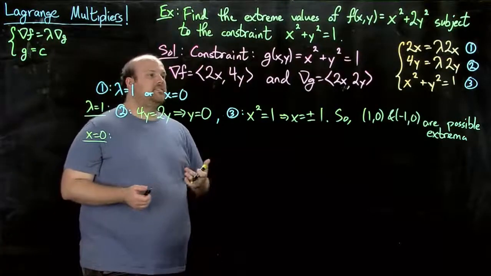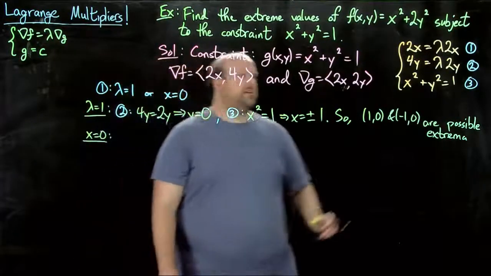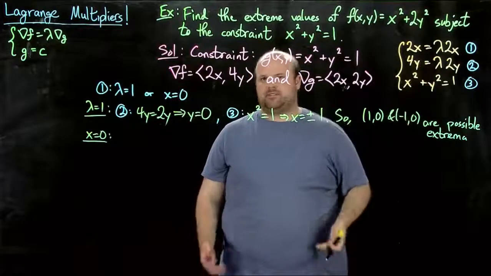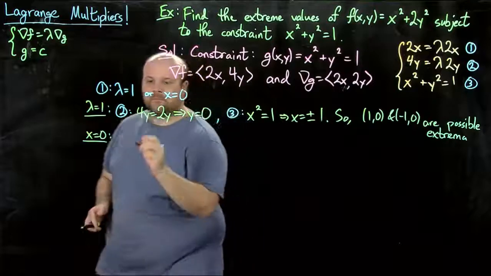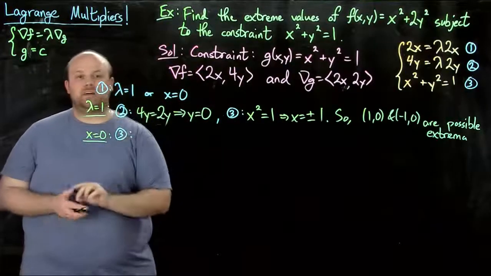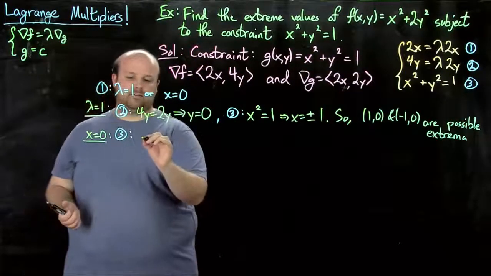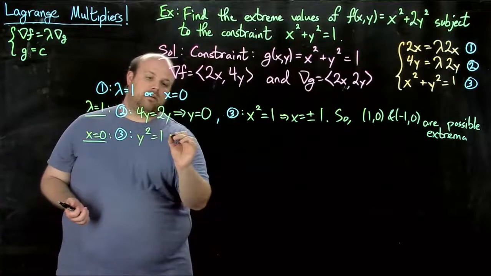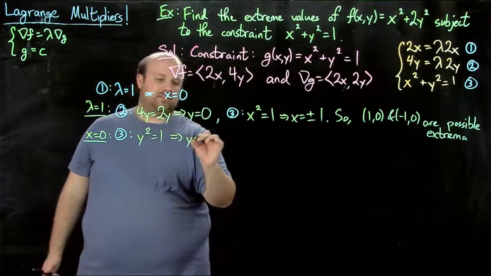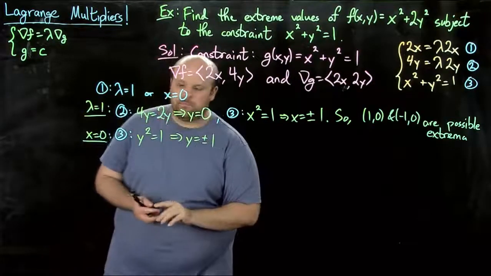Well, if x is 0, we can't do anything with equation 2 yet because there's no new information, so we have to use equation 3. Right? In equation 3, if x is 0, then y squared is 1. But just as before, that means y is plus minus 1.